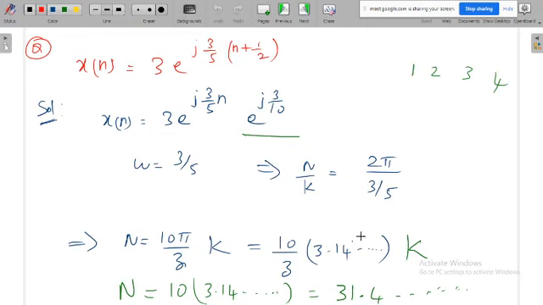The signal is, say for example, x of n is equal to u of n plus u of minus n minus 1. Again the signal is the addition of two signals. Again, this is not a sinusoidal signal. When the signal is not sinusoidal, we cannot apply the formulas. So we have to draw the graph, and from the graph only we have to observe the time period.